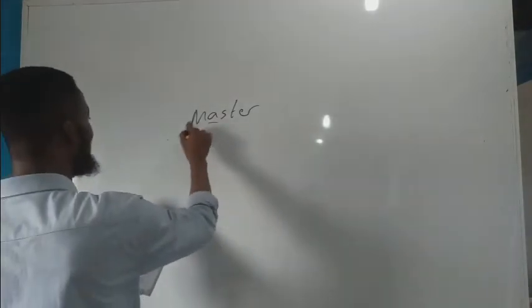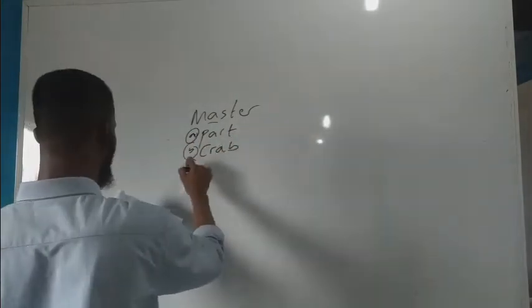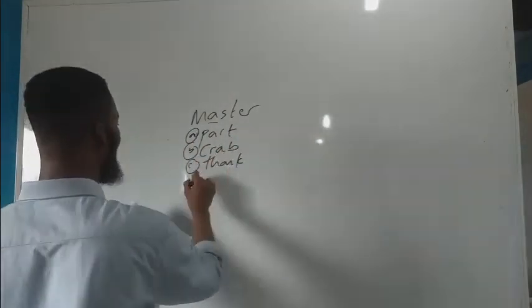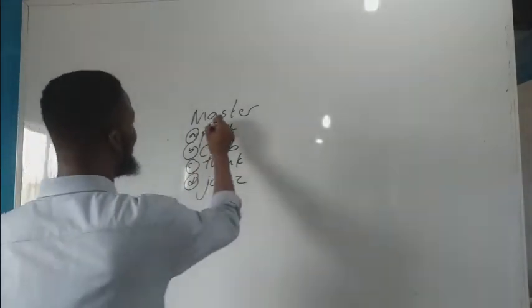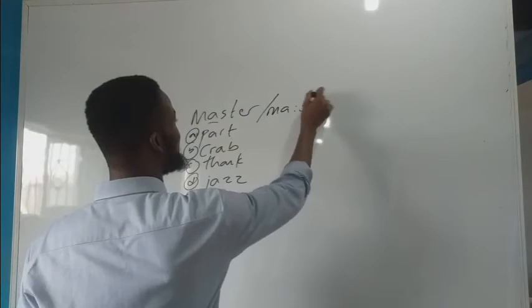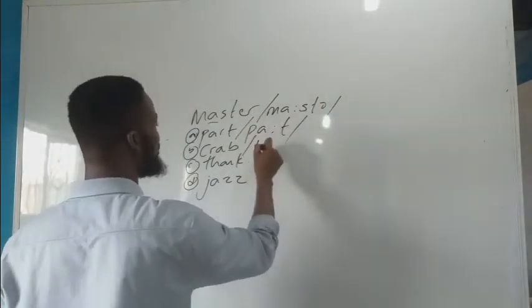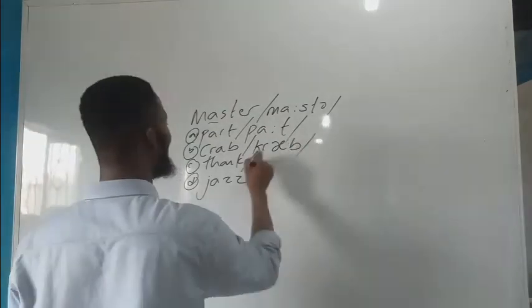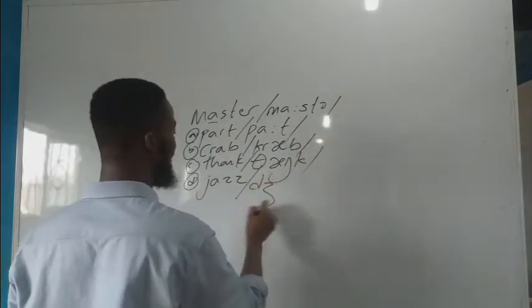Option A, we have PART. Option B, we have CRAB. C, we have THANK. And D, we have JAZZ. So from this, we have long R sound, master. Option A is part. This is pronounced as craft, and this is thank, and this is jazz.